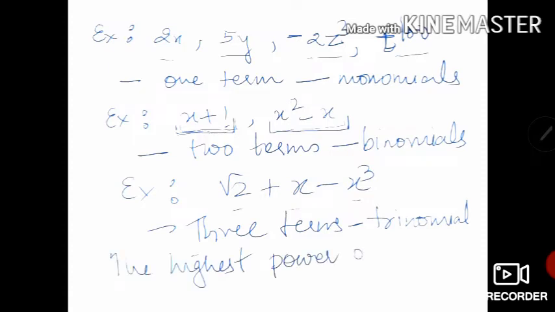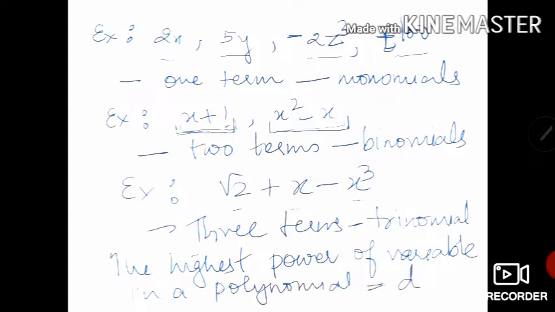The highest power of the variable in a polynomial is called the degree of the polynomial. So the degree of x plus 1 is 1, whereas the degree of x square minus x is 2.